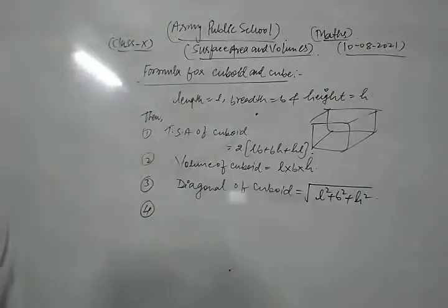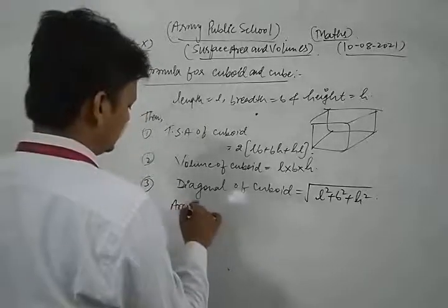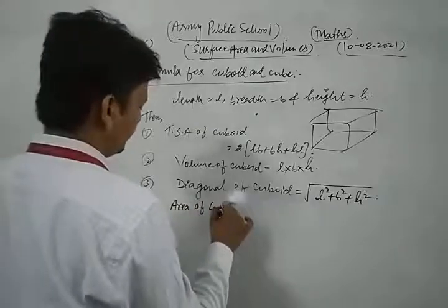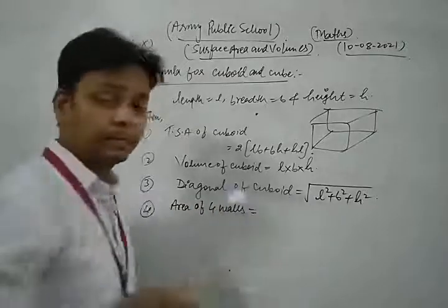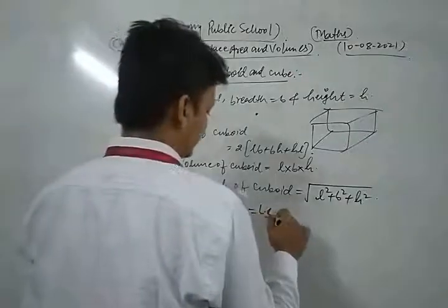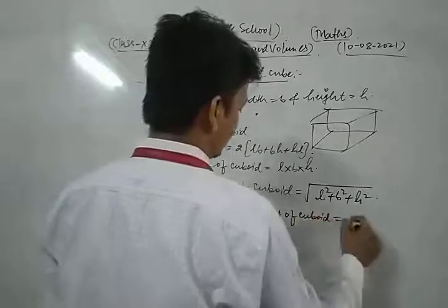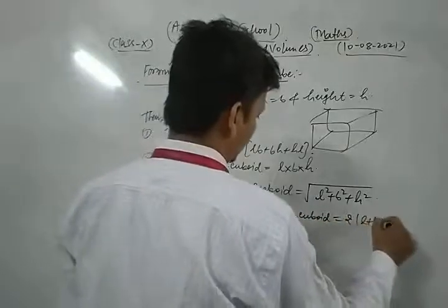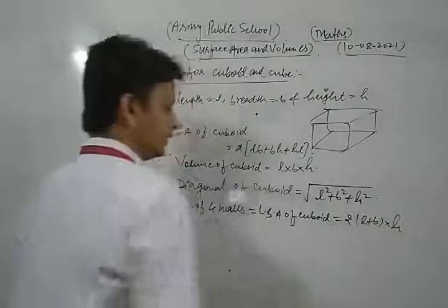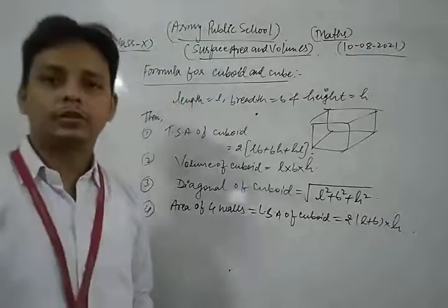And the last one is the area of four walls, or simply we can say lateral surface area. Lateral surface area of cuboid is 2 into (length plus breadth) into height.